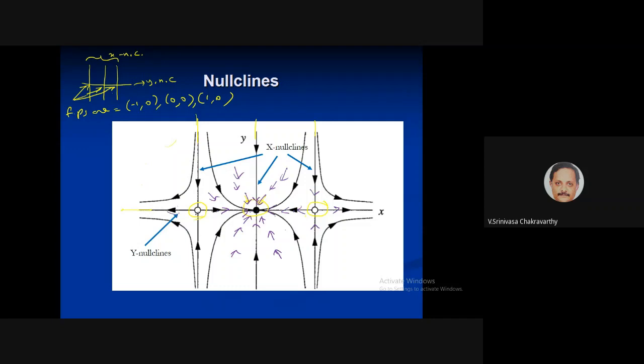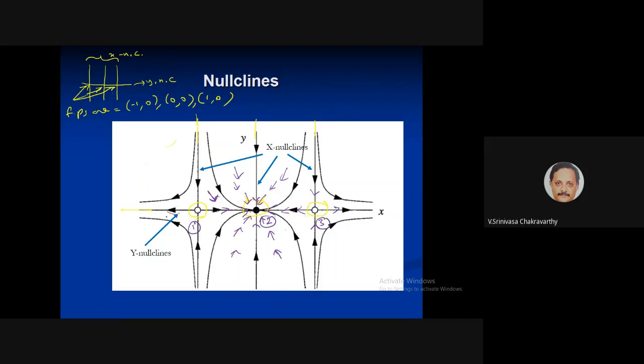Then what about this fellow, right? Since the flow on the right side is going to, so at any given point in the x direction, if you are in this quadrant, for example, near the fixed point, I'll call this fixed point number 1, this fixed point number 2, fixed point number 3.